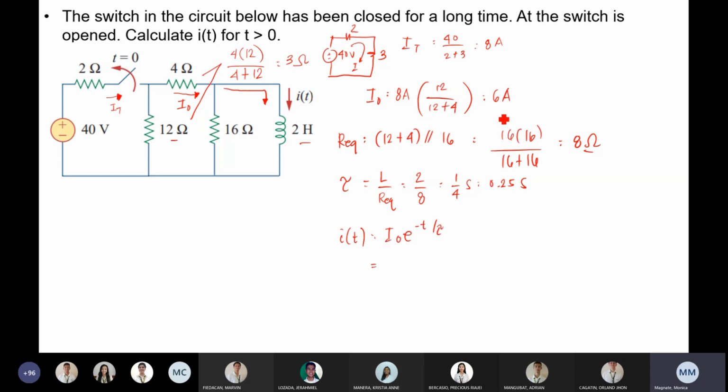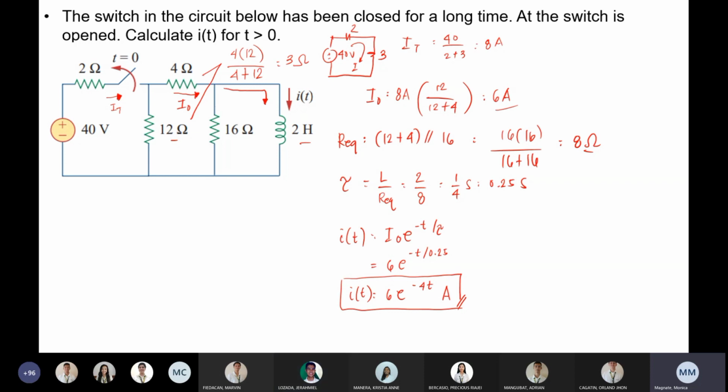So, equal siya sa yung IO na na-solve natin, 6 ampere e raised to negative t over 0.25, or 6 e raised to negative 4t ampere. I of t. So, ayan yung ating current. Nagets po ba? Nakuha po ba?